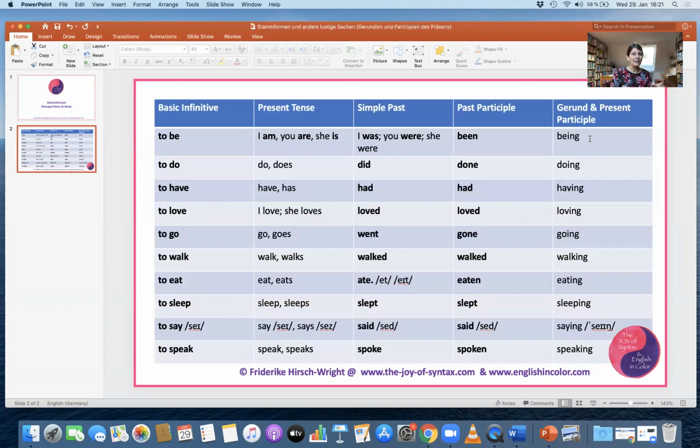Noun comes from the Latin word nomen, and it means name. A noun is a name for a thing, a material thing that you can touch, or a thing in the abstract, like an idea or a concept.